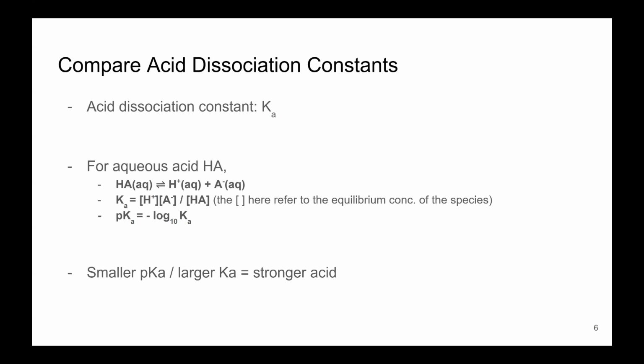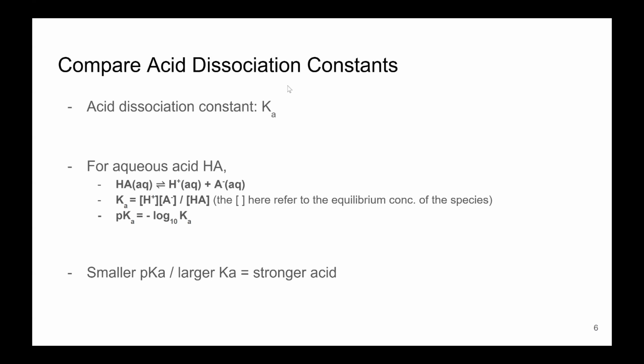For example, when you compare ethanoic acid with hydrochloric acid, the hydrochloric acid would have a smaller pKa. In fact, the pKa is negative compared to ethanoic acid, and that's how you know HCl is actually a stronger acid. So why is this the case?